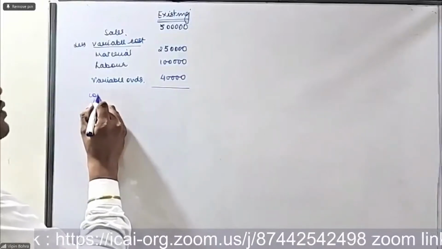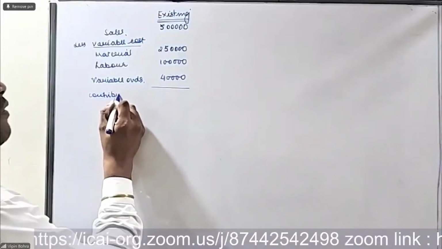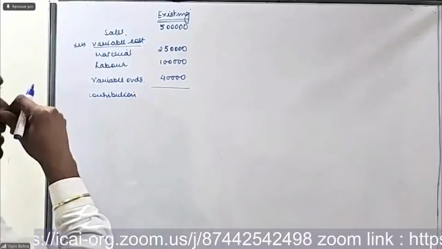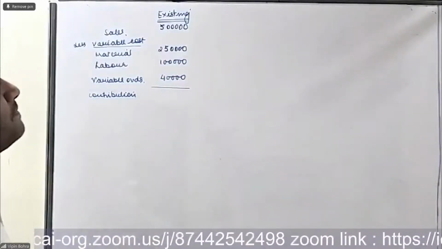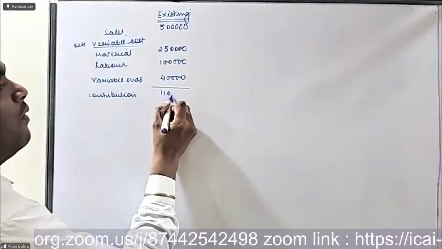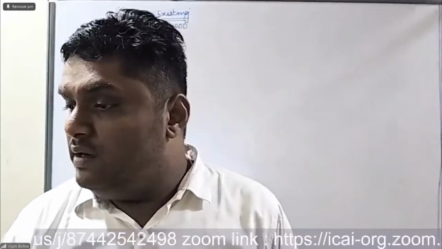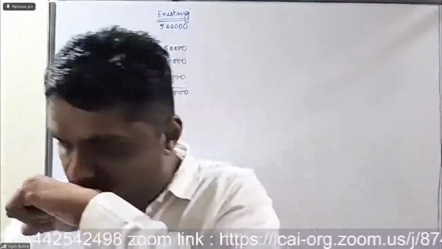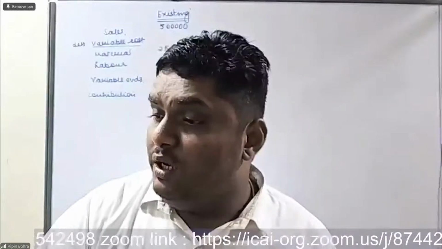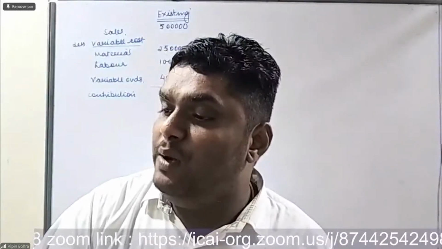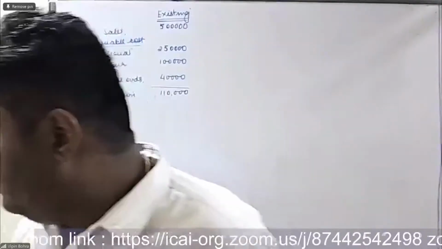We'll get the contribution, that is 1,10,000. Now, the fixed cost is not given. However, the details of the profit are given, that they are expecting a return of 12.5% of the capital employed.